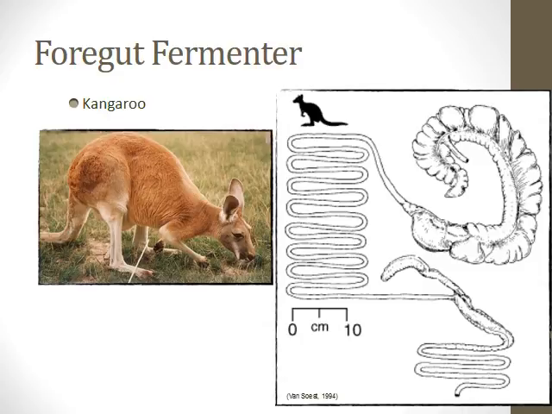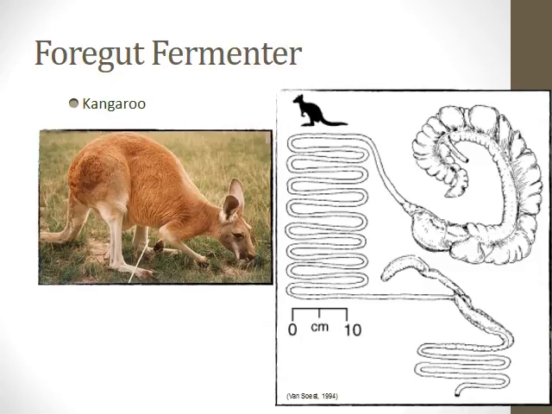So if you look to the right at the digestive tract, you can see how this stomach is pretty complex, and it's broken up into three sections. In the top half, you have microbial fermentation going on. That's where you have the coarse forage that the animal consumed.